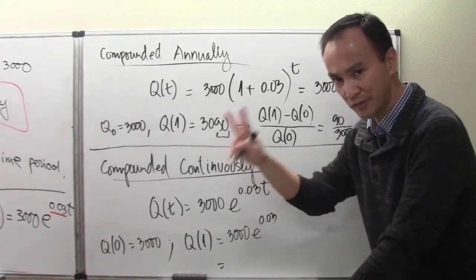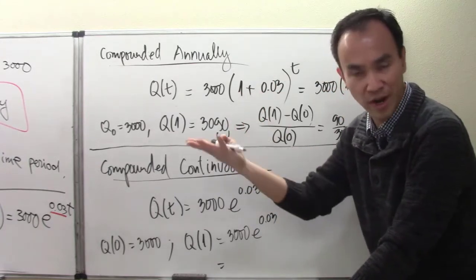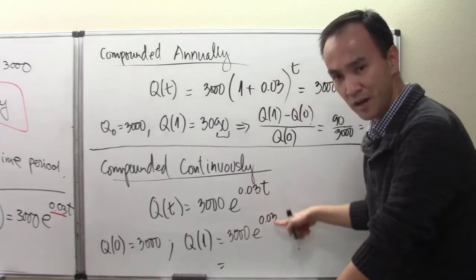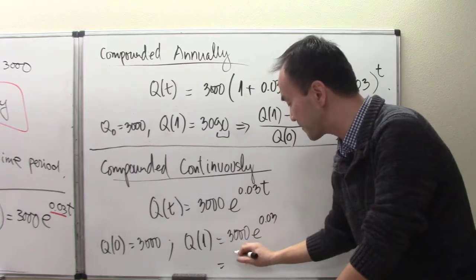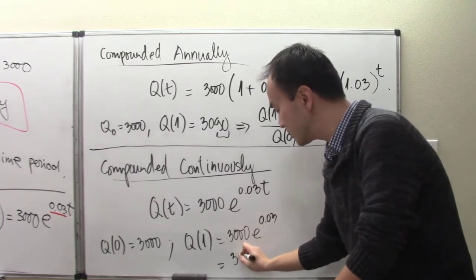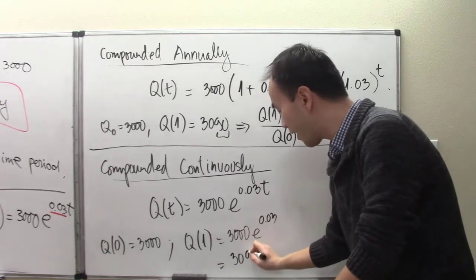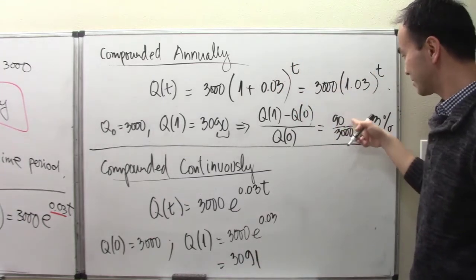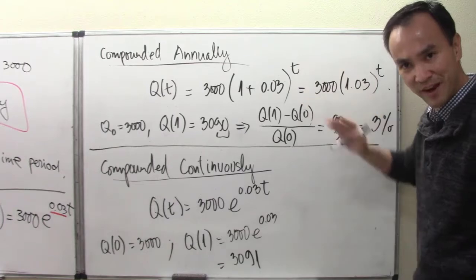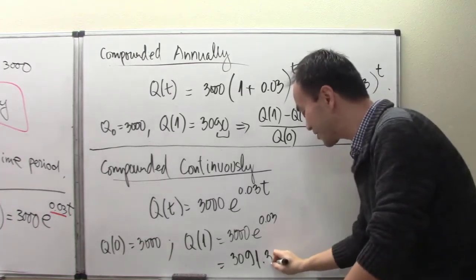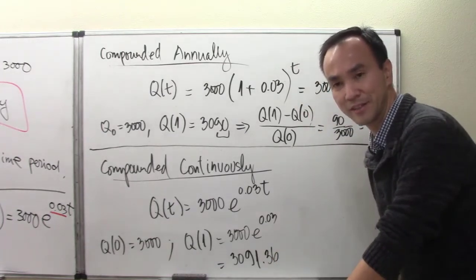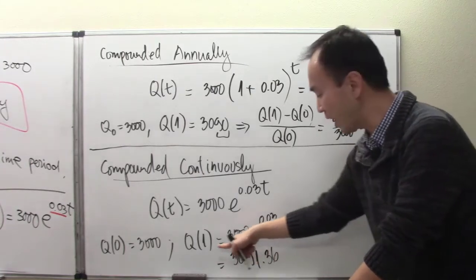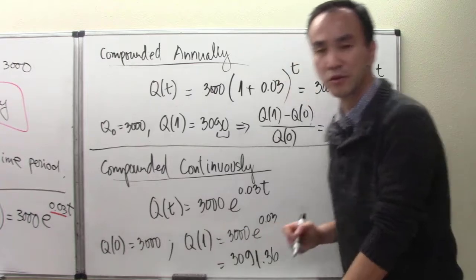So we have to round to 2 decimal places, because that's how money works. This calculation comes out to $3,091 and 36 cents, not $3,090 like in the plan we had earlier. So this is our future value 1 year away from that previous point.